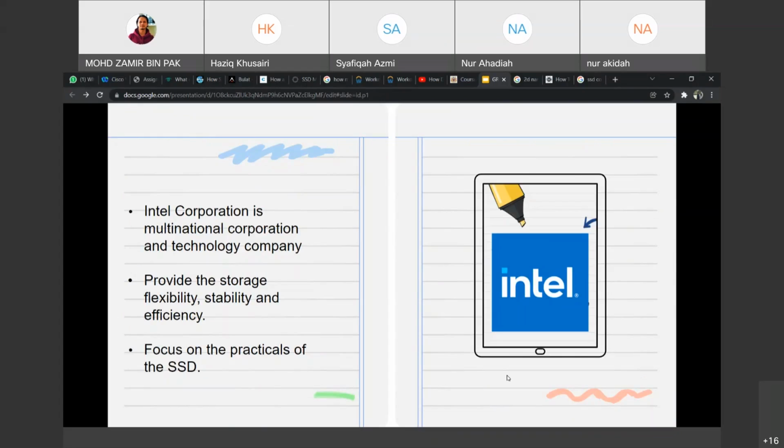Other SSD brands focus their attention on presenting the fastest and most powerful specs to their consumers, but Intel is more focused on the practical, and their SSDs are well regarded throughout the industry for the reliability of their devices. Next slide.